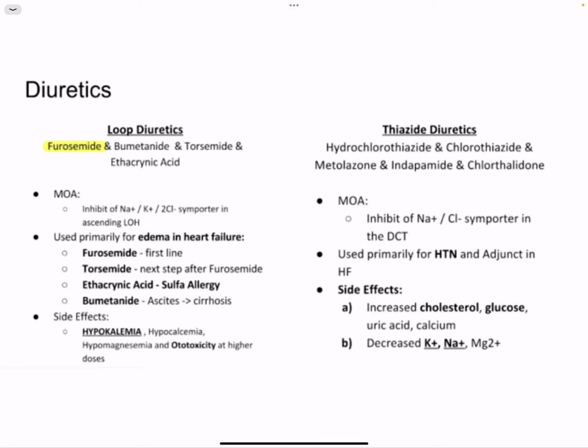As we discussed, if there is sulfur allergy, then we will use ethacrynic acid. Bumetanide has one more use. They also use others, but bumetanide is specifically used for ascites more than cirrhosis. Who will tell me what is ascites? Both of them are related with liver failure.